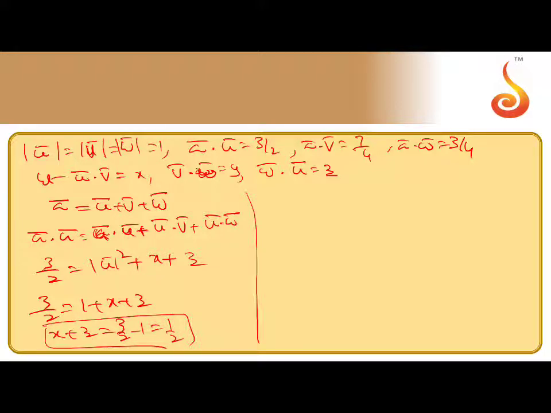In the same manner, a bar equals u bar plus v bar plus w bar. Take the dot product with v bar: u dot v plus v dot v plus w dot v.